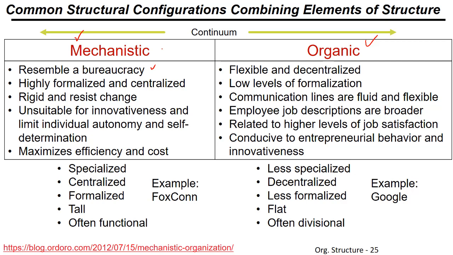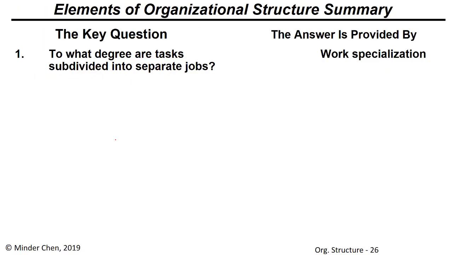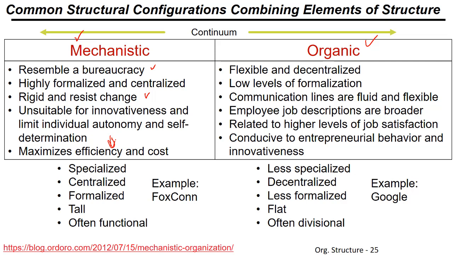It's much more formalized, centralized, and tends to be more rigid and resist changes. And this type of organization is unsuitable for innovative and creative types of industry, because they tend to be designed to maximize efficiency and cost.